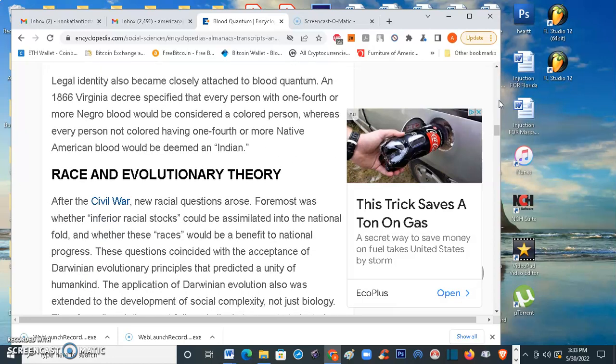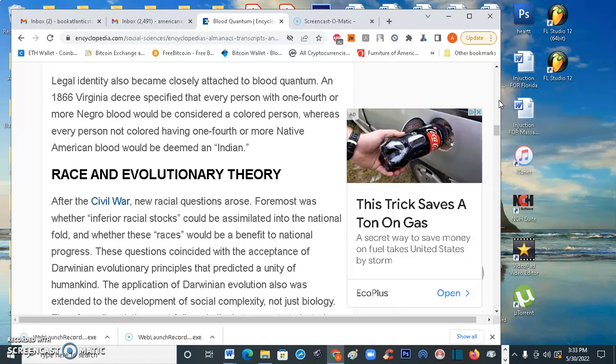So what is it? Is it that because the definition of American is colored people, copper colored people, right? That's the definition of American, right? So when you're talking about colored, they're talking about the Indian, okay? The Negro.